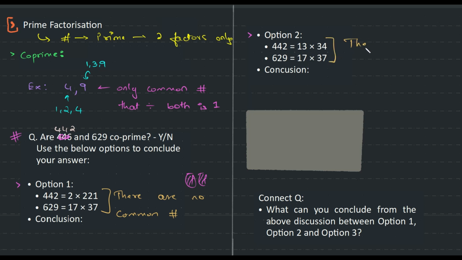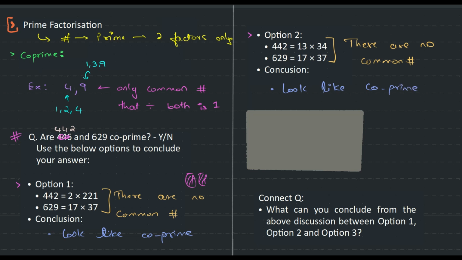So here too, there are no common numbers. So what can we conclude? That they are co-prime, right? They look like co-prime numbers. Here too, what can we conclude? They look like co-prime numbers.